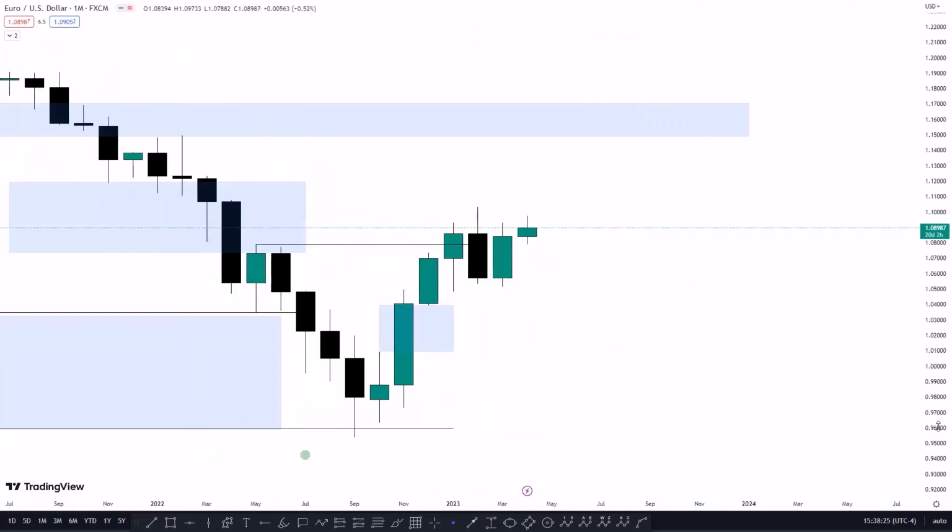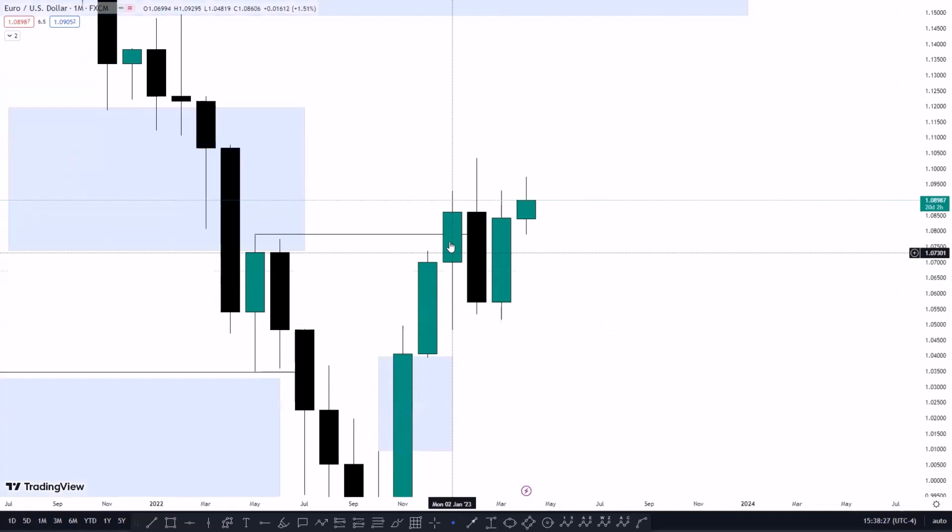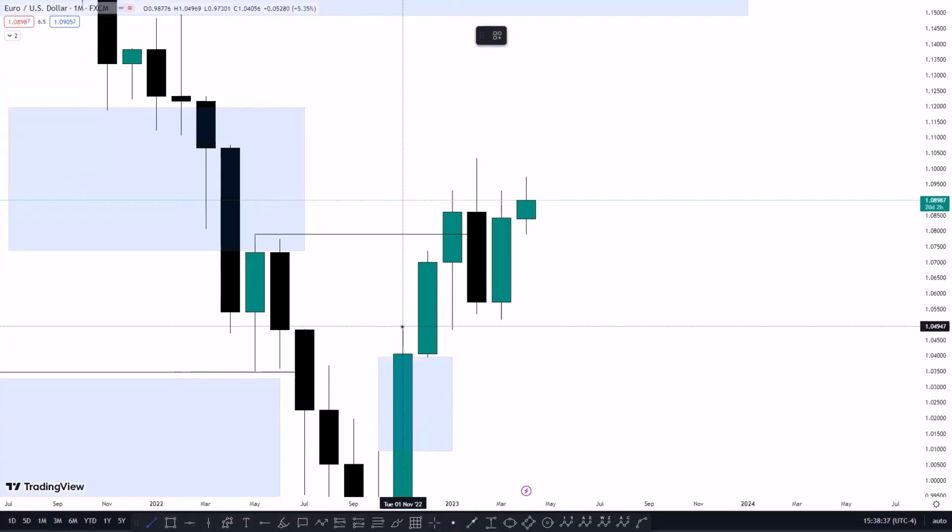Again, look at this monthly candle, this one. Look at how it went all the way down to fill the imbalance here, to overlap the first candle. You see, this is what we want to see in the marketplace.